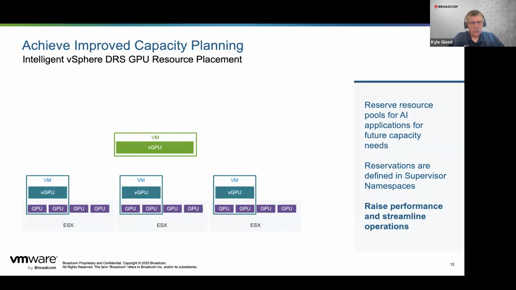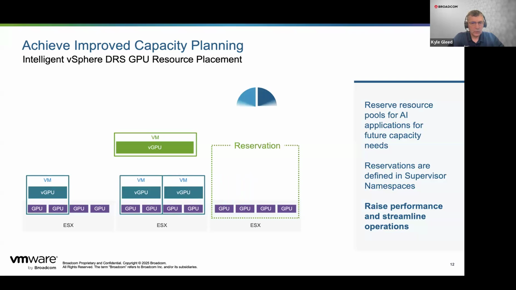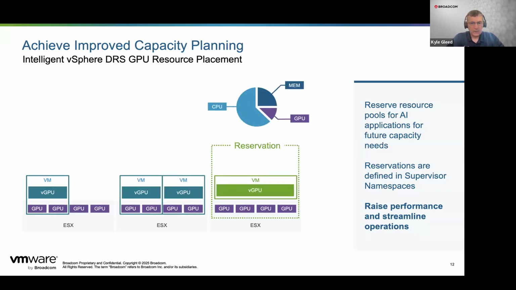You can get in these situations where there's no capacity, but with these reservations, we can identify that, while we don't have capacity initially, if we do vMotion and move some things around, we can make room and set a reservation, so that we can ensure that these GPU-based workloads will always be able to be powered on, and we can be smarter under the covers with how we allocate and assign GPU-based workloads to make sure we're getting the most efficiency out of those GPU resources.